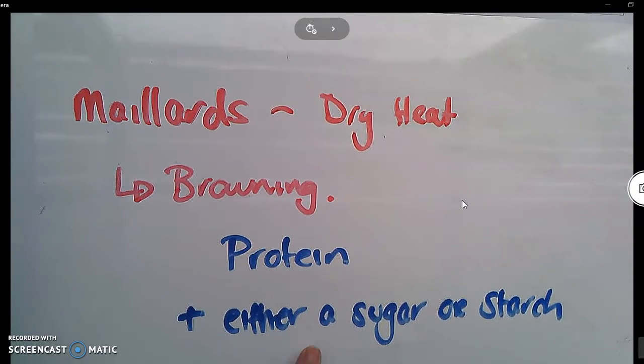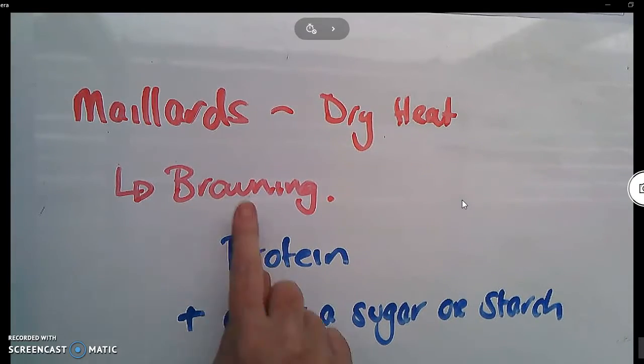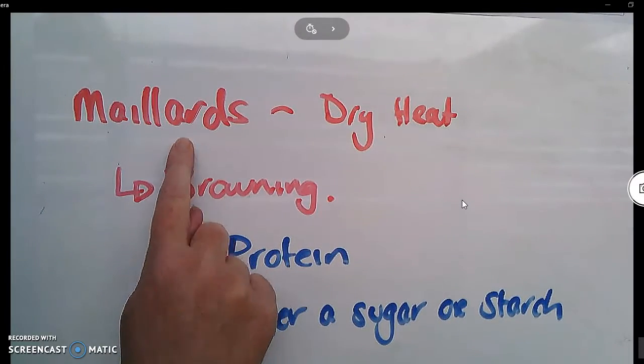It could be the browning that happens on steak when we cook steak. It can be the browning on the top of a cake when it's in the oven. It can be the browning of a glaze when we put an egg glaze on some pastry. These are all examples of the Maillard reaction.